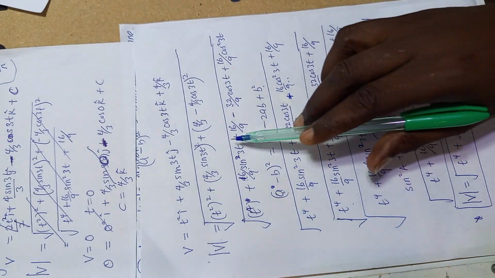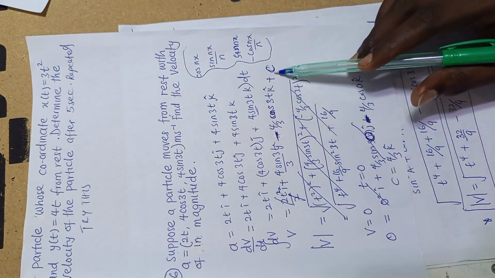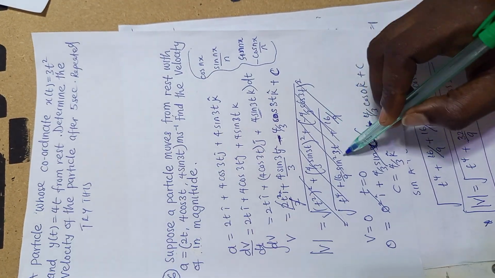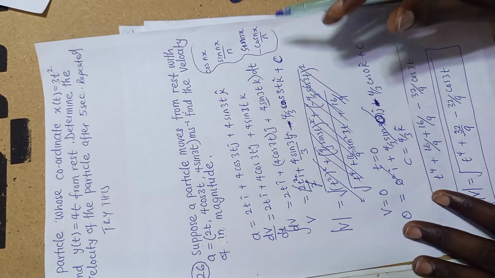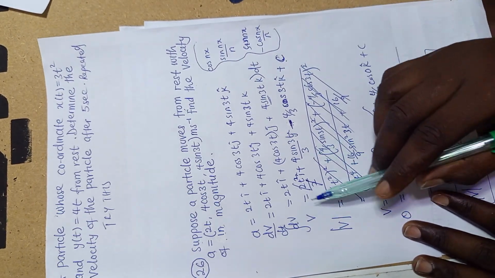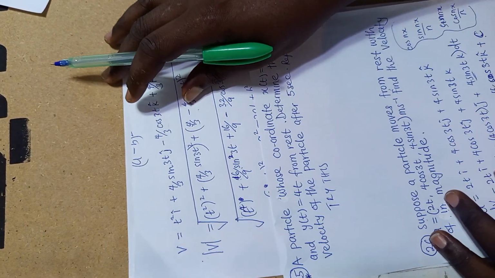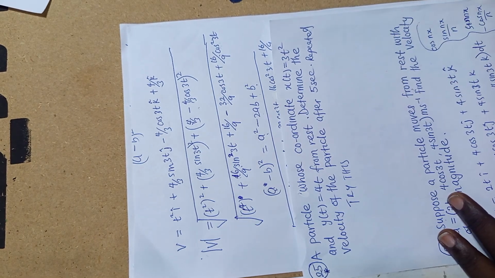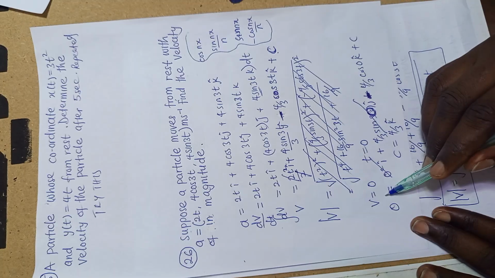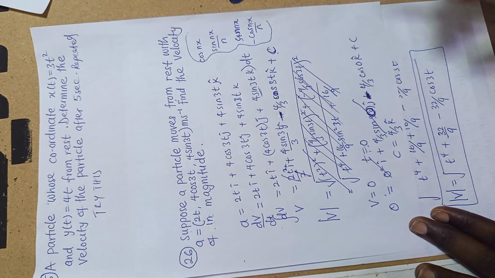If you missed it from here, what we failed to do here is calculate our constant. When we integrate, we're supposed to introduce a constant. Because the body starts from rest, the initial velocity is equal to 0 and t is equal to 0.